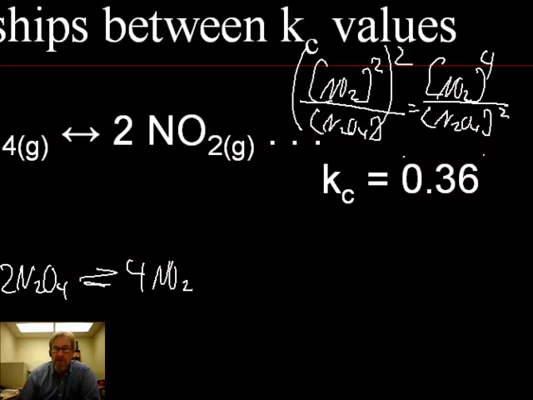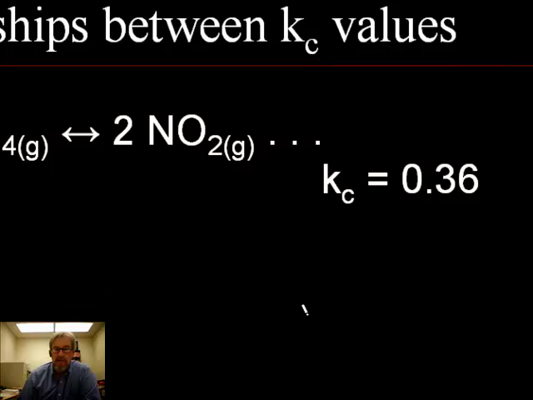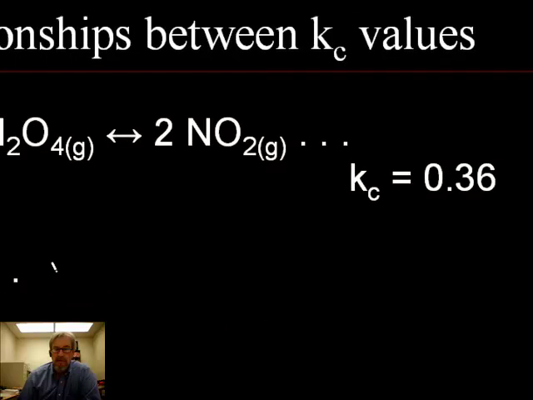So what I've done is I've taken the old expression and I've squared it. So to generalize, if I multiply my coefficients by m, the new Kc is going to be equal to the old Kc raised to the m power. Here I square it because my coefficients are doubled. If I had tripled them, I'd cube it.